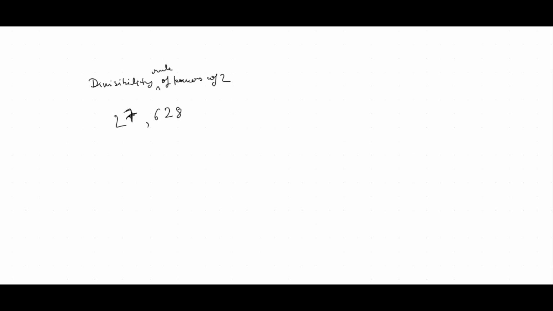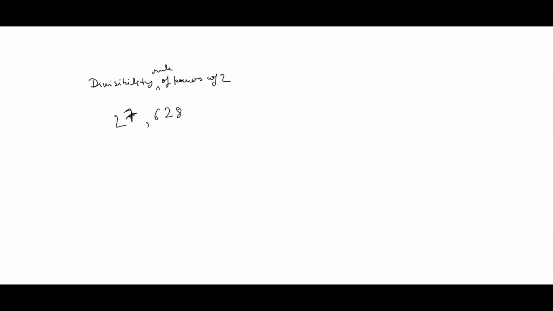So what did we conclude? To check if a number is divisible by 4, you just check its last two digits. If the last two digits are divisible by 4, then the whole number is divisible by 4. And for 2, the last number was 7, so it's not divisible by 2. The whole number is not divisible by 2.